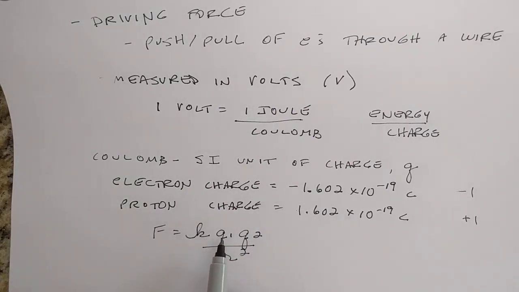This Q is the charge in coulombs. So if we want to know the force between a proton and an electron, we would use these values for our Q. Q of the electron and Q of the proton. So Coulomb's law, the unit is the coulomb.